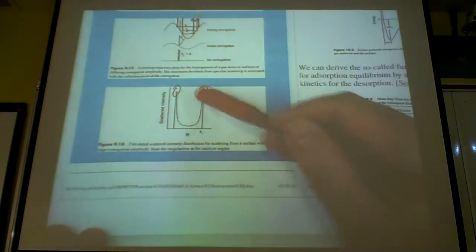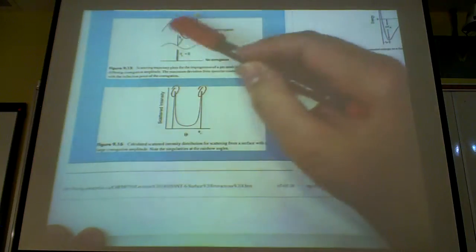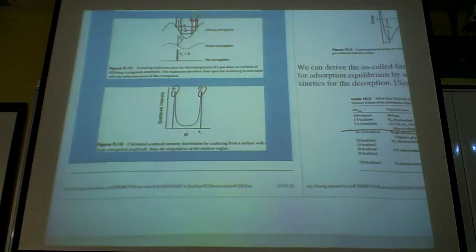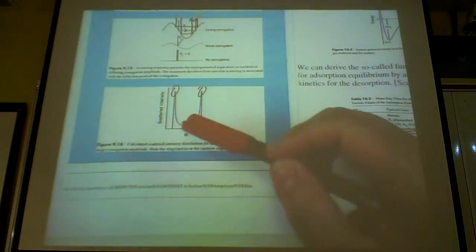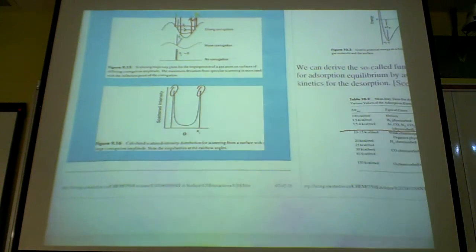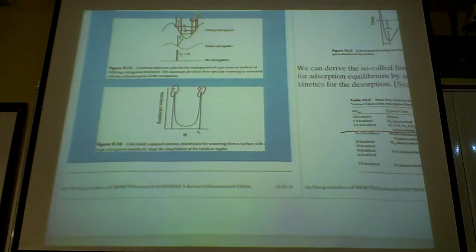This range depends on the roughness of the surface. So using classical scattering, you can already get a sense of the roughness of the surface by looking at the maximum so-called rainbow scattering angle that you see here.